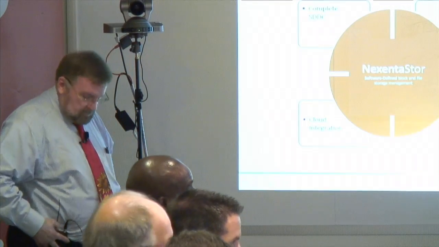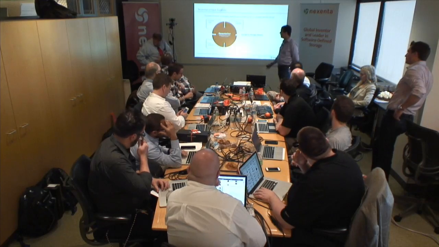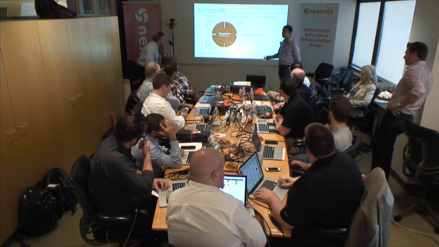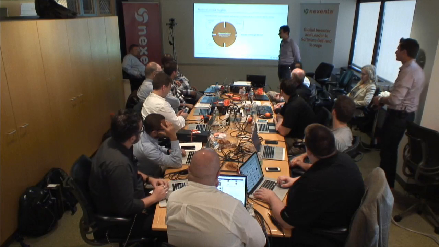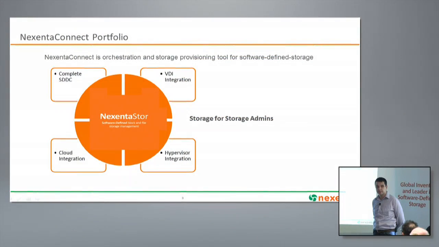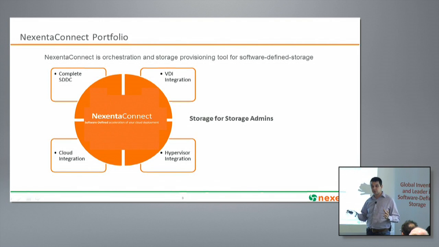In fact, NexentaStor was even announced by Gartner as the lowest cost per desktop for VDI deployments. There was a recent blog from Gunnar when he was at Gartner. So what we have done is simplify it and make storage available for everyone else. Because in IT infrastructure, when you are a VDI admin, you want to deploy a VDI environment and you rely on your networking guy.